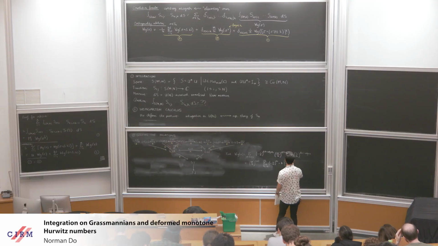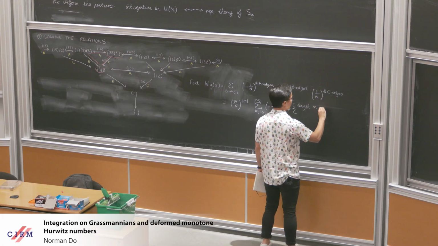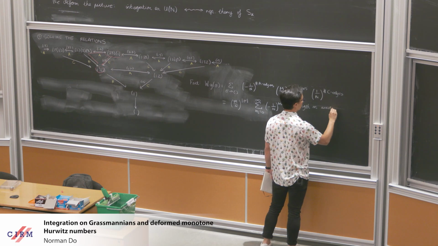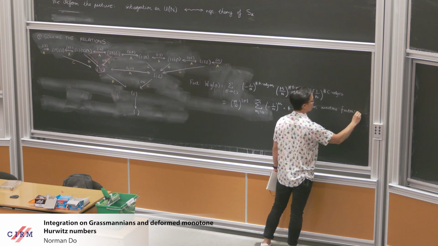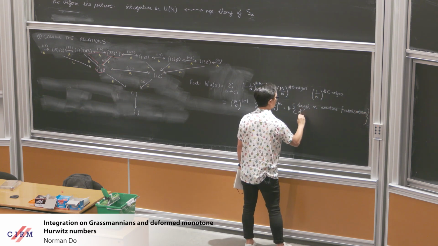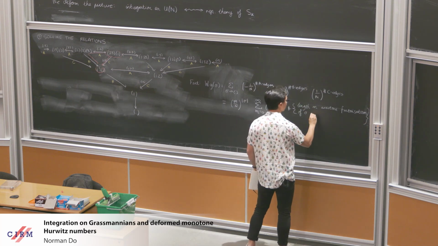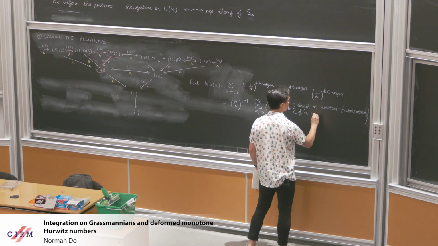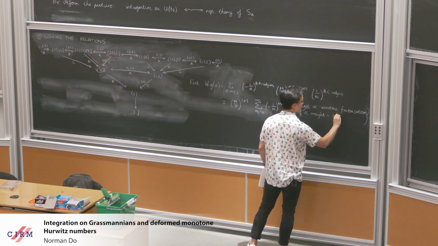It's the number of length m monotone factorizations of sigma, counted with weight t to the hive number.